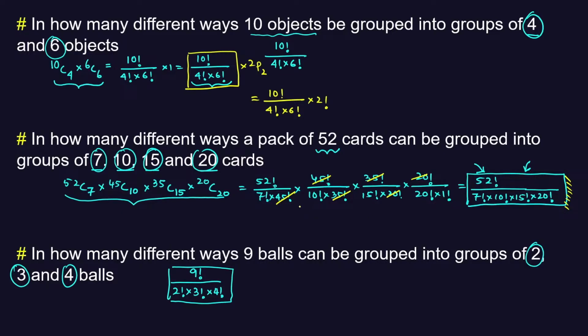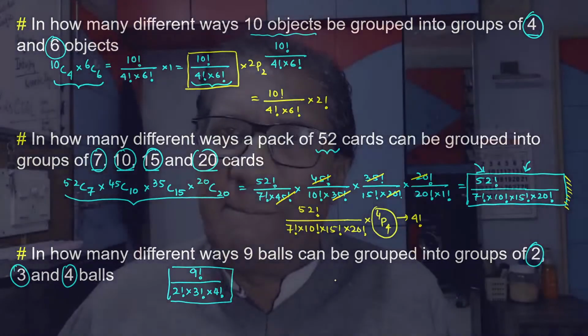So that can be done in factorial 52 divided by whatever answer we got. Since these groups are distributed among 4 people, it will be 4p4, or you can write directly factorial 4. That's it.